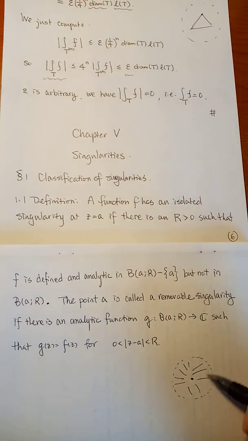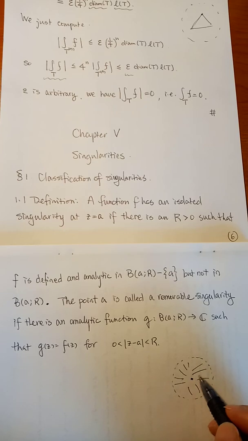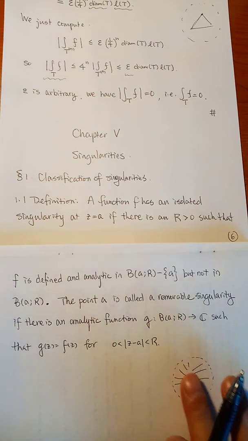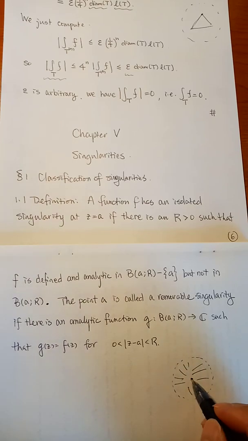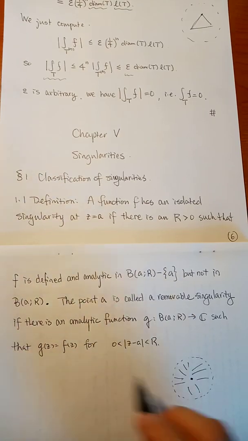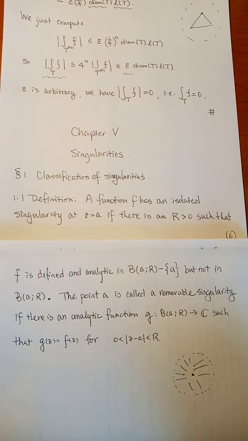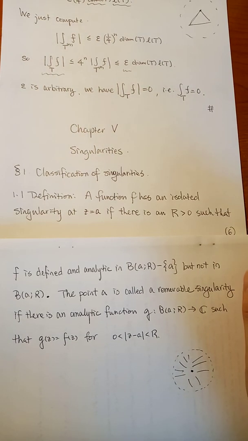We don't want a convergent sequence of bad points. Removable just means technically we can fix this point. We get an analytic function over the whole disk. This g is well defined over the whole disk. f coincides with g over the punctured disk. Then you can redefine f at a to be g of a. Then f becomes analytic. So that's like the removable discontinuity in calculus, right?